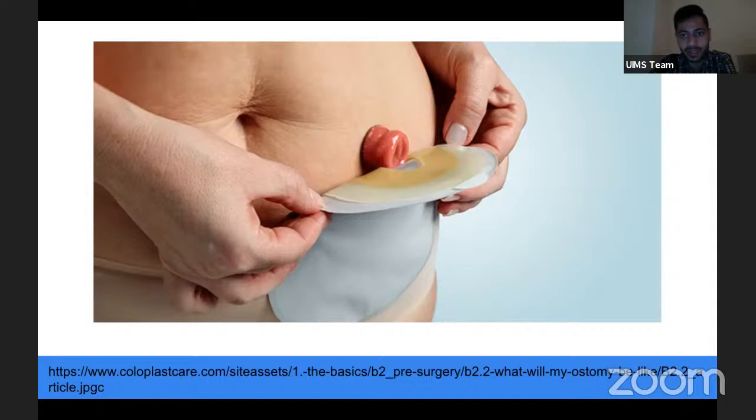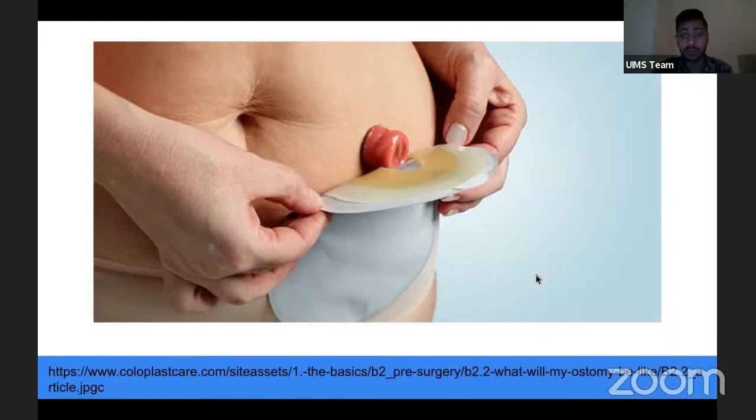That's as much as we'll go into, the definition of one. But what's important here is we need to assess a few characteristics of the stoma. So where's the location of the stoma? The location can provide clues as to the type of stoma that we're dealing with.